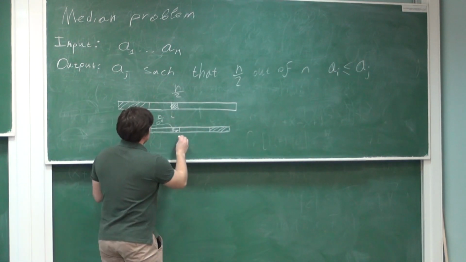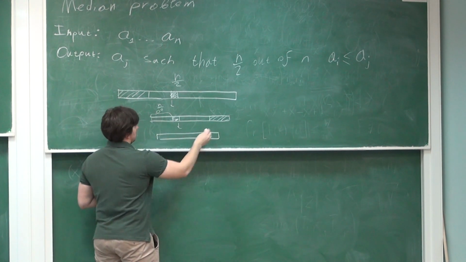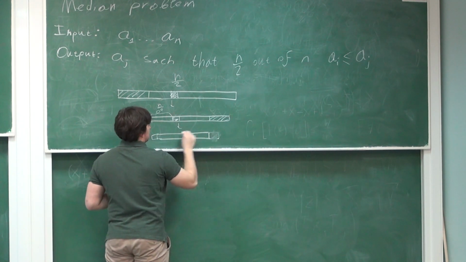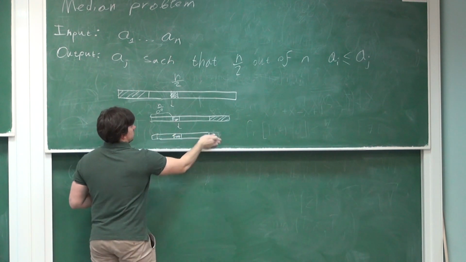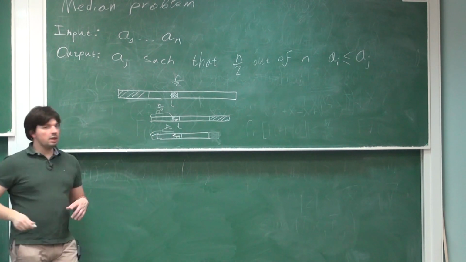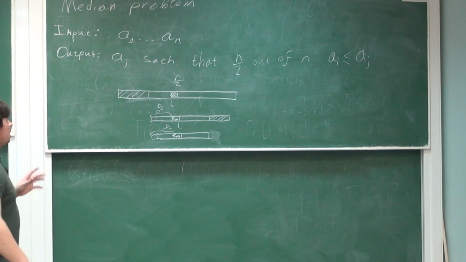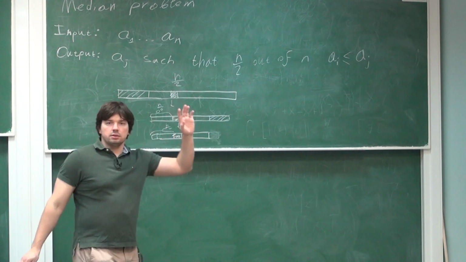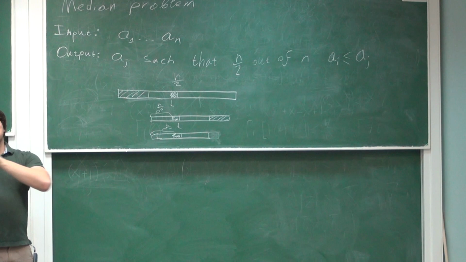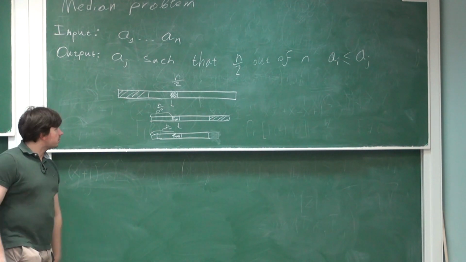So let's cut them also. So then I will have something like this. Every round we will find a bunch of elements that are definitely not the median. We will throw them away, adjust the position in the array we are looking for, and continue.